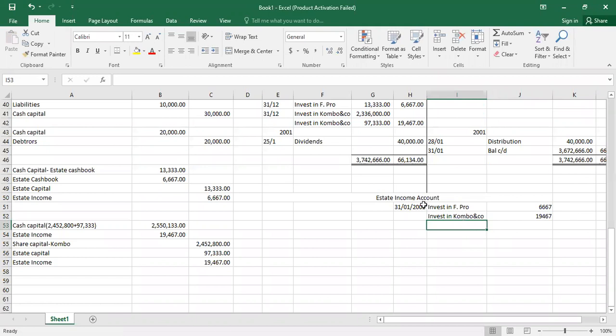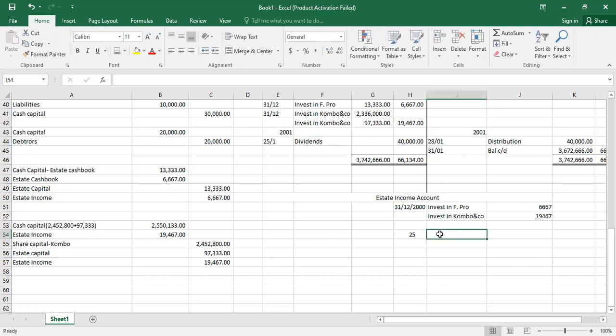Any other amount? This 2000 is not 2001. It's happening before you close the year, if you check up there. For 2001, we are doing the distribution, right? So we are doing the distribution on the shares 25th one, these dividends, right?